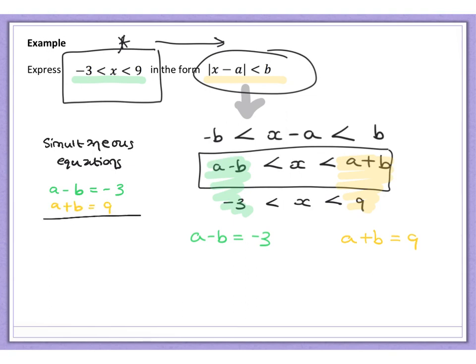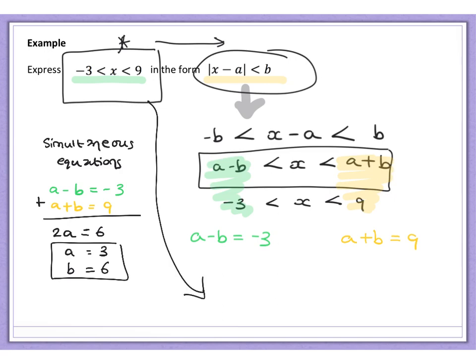And if we very simply add these together, we have 2a equals 6, so a is equal to 3. Substituting back into any of these equations simply tells us that b is equal to 6, so that tells us that this original inequality can be expressed as the modulus of x take away 3 is less than 6, by using our values of a and b and substituting them into this result here.